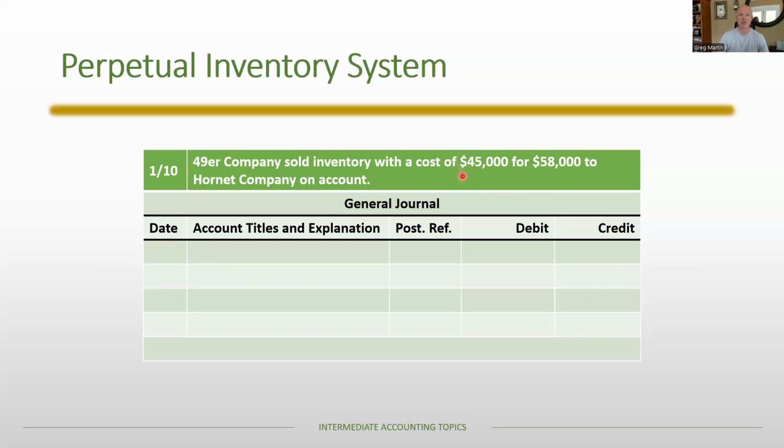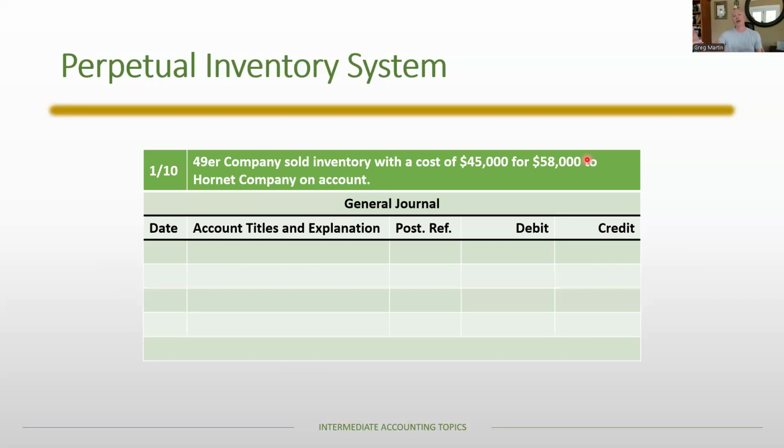You have the inventory part, which is the 45,000, and then you have the sale part, which is 58,000. Really, it's 2 different things going on, right? We're consuming inventory, but we're also generating revenue. So there's an expense being incurred, and there's revenue being recorded simultaneously.